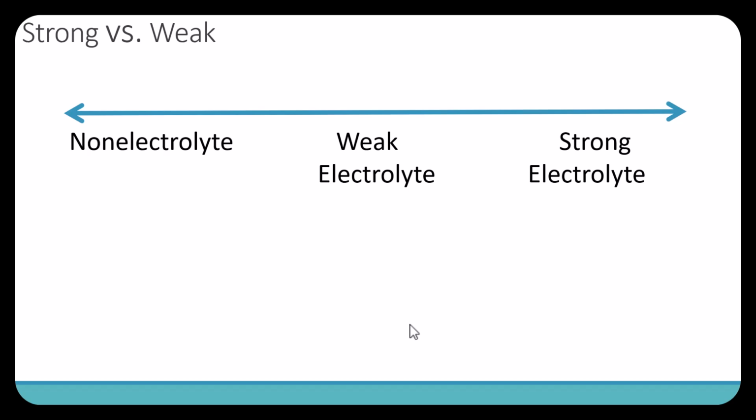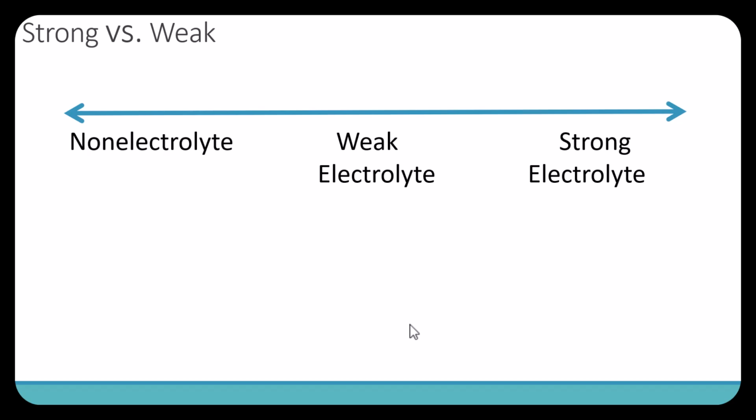All right, talking about strength of acids and bases. What we looked at so far were a strong acid and a strong base. When we talk about the strength of an acid and base, we're going to use the same mindset that we talked about with electrolytes.